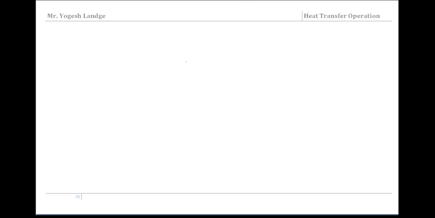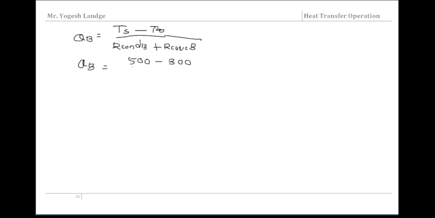We write the formula for the heat loss from section B, meaning from insulating material B: the temperature of the steam minus the temperature of the surroundings upon R conduction B plus R convection B. By putting in the values, 500 minus 300 upon what I calculated for R conduction.